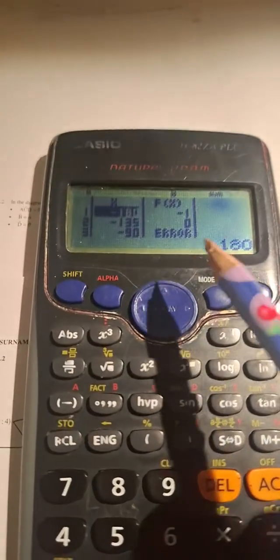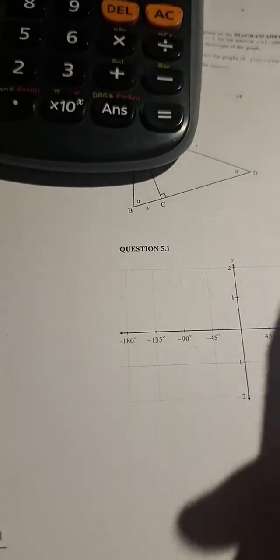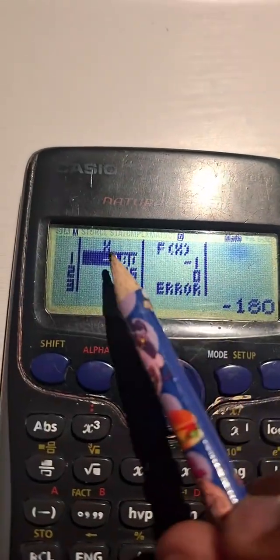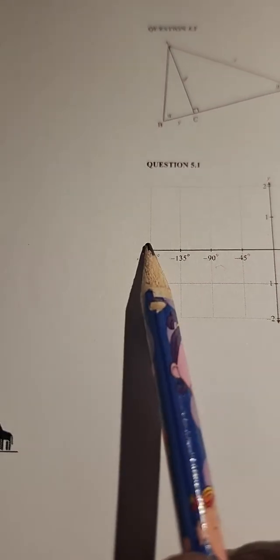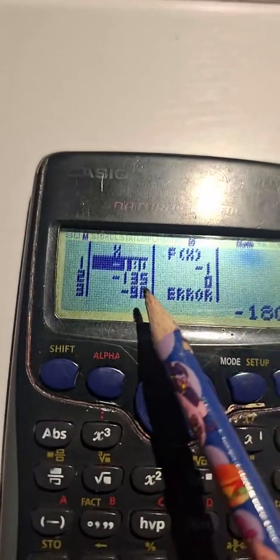Negative 180 is going to go hand in hand with negative 1. So when x is negative 180, y is negative 1. Negative 135 is going to go with 0.